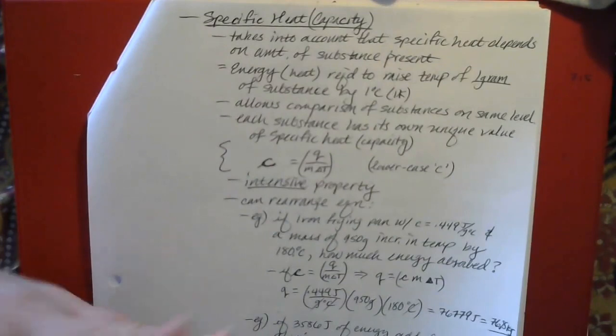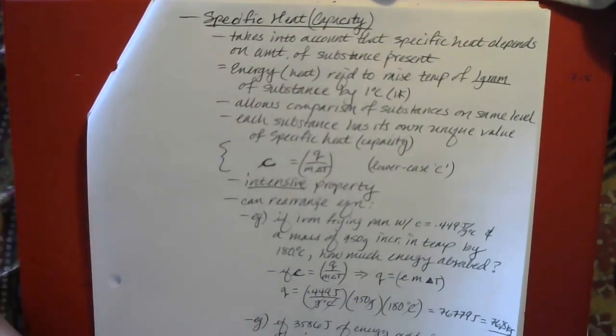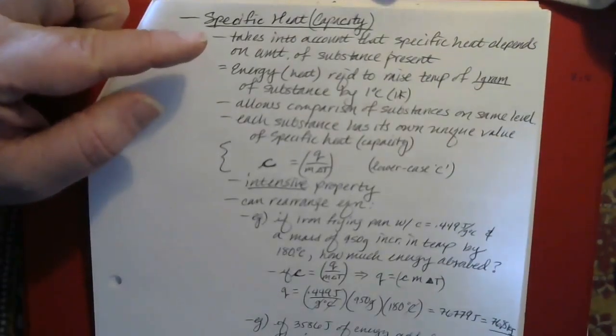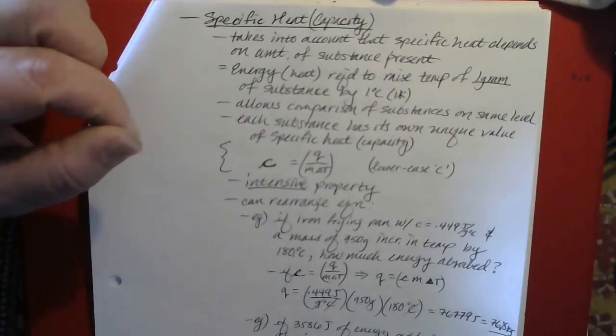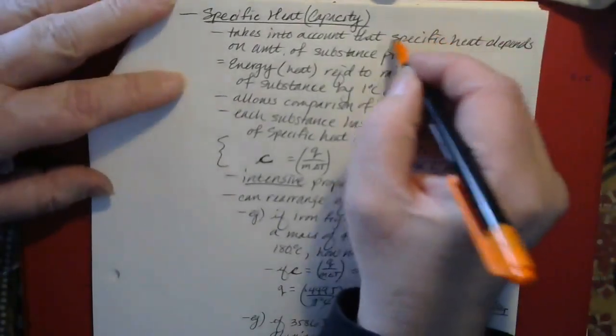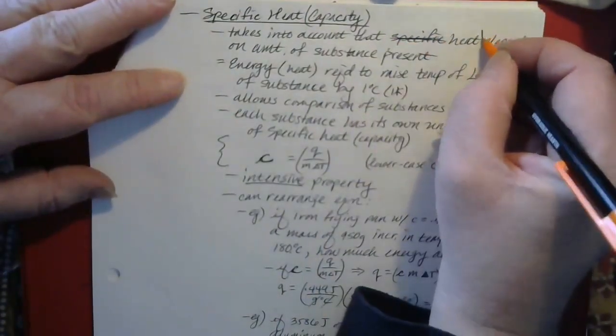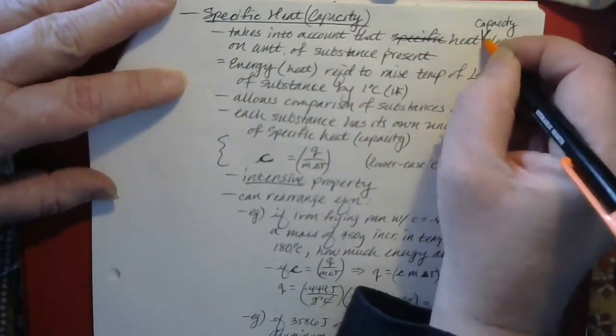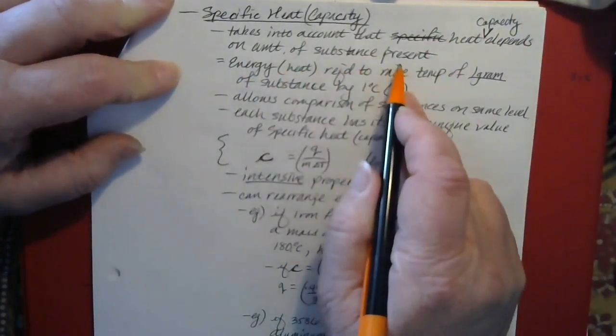That's usually what the word specific means when it's added to the name of a quantity. It just means that you're basically taking into account how much of the stuff there is. And in this case, it takes into account the fact that heat capacity depends on the amount of the substance present.